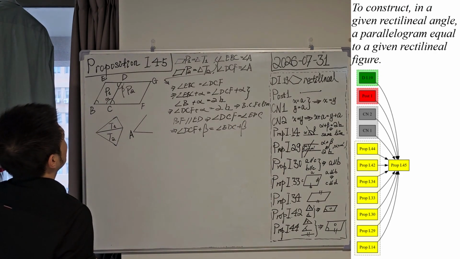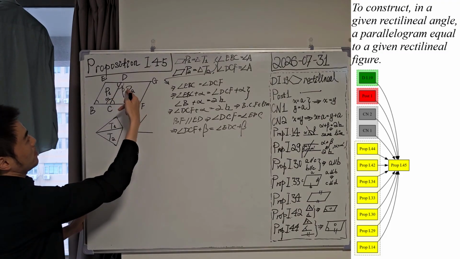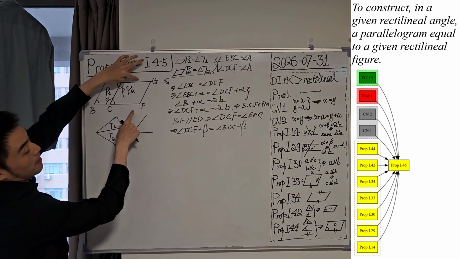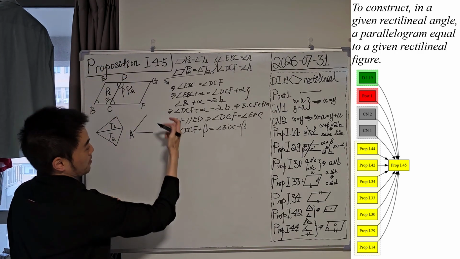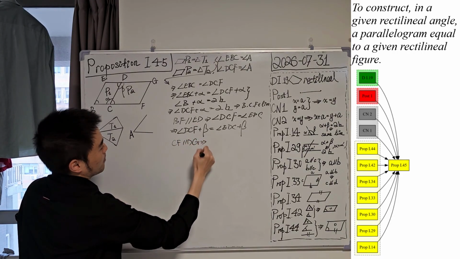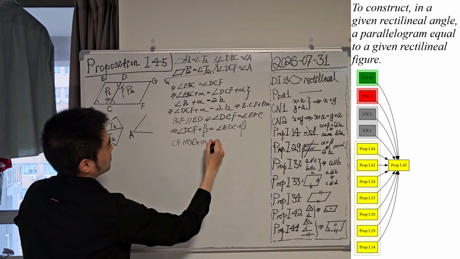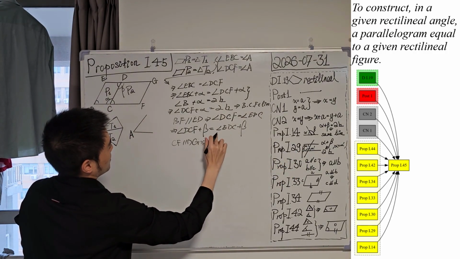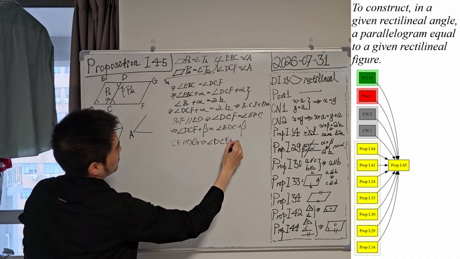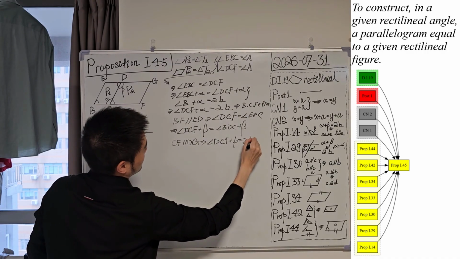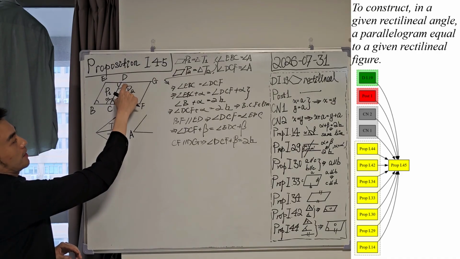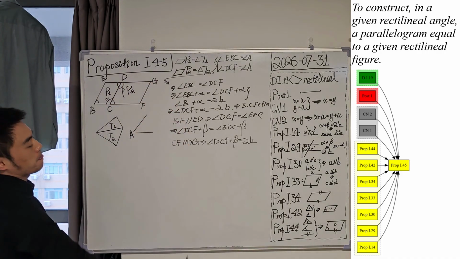And what is angle DCF plus beta? Since CF is parallel to DG, right? It's parallel, P2 is a parallelogram, so CF must be parallel to DG. And if we apply proposition 29 again, we know that angle DCF plus beta will be equal to two right angles because they are a pair of interior angles in these parallel lines, right?